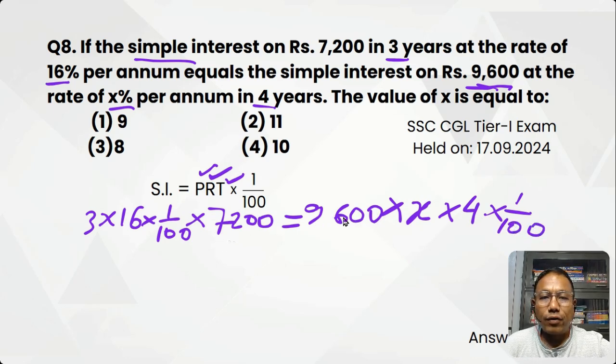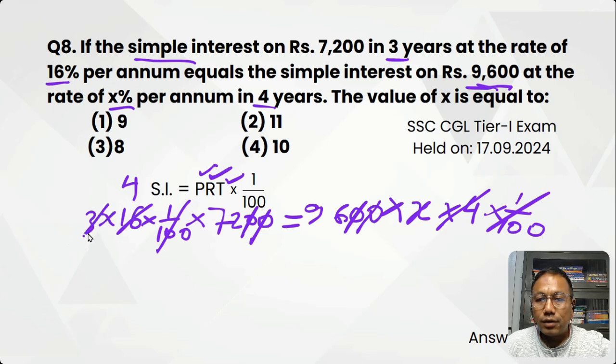Now find the value of x. The value of x is equal to, I can cancel 1/100, 1/100, 0, 0, 0, 0, 4. 4 fours are 16. 3, 3 9, 3 twos are 6. 4, 8, 32, 8, 9 are 72.